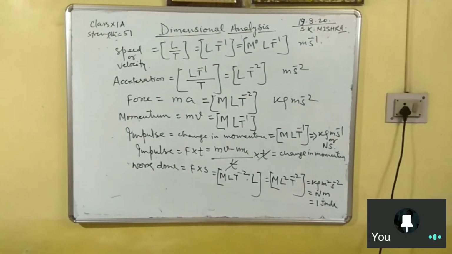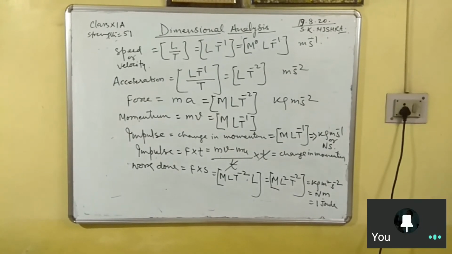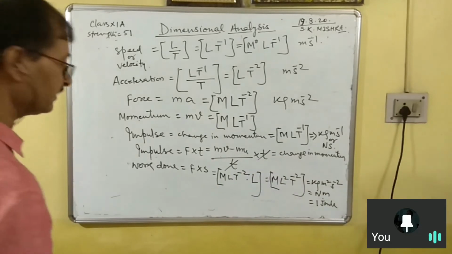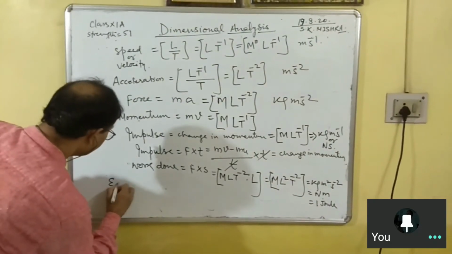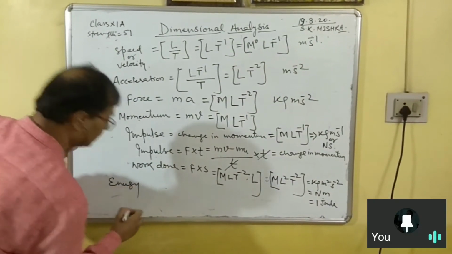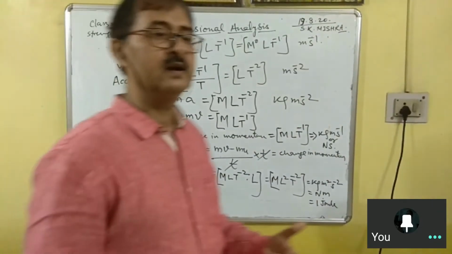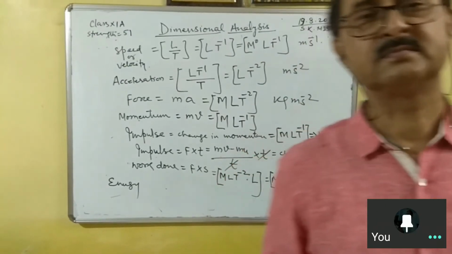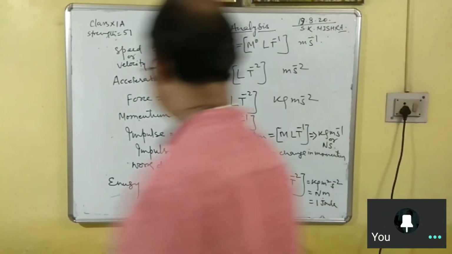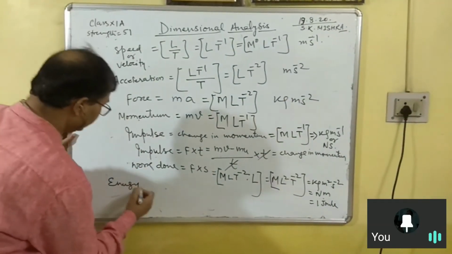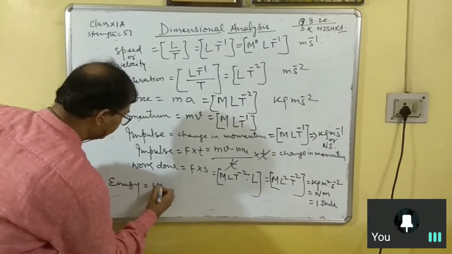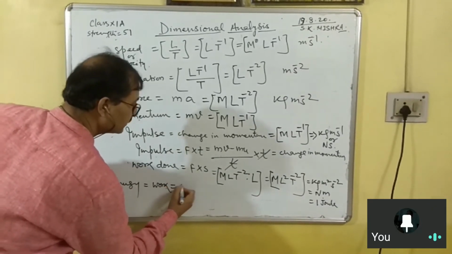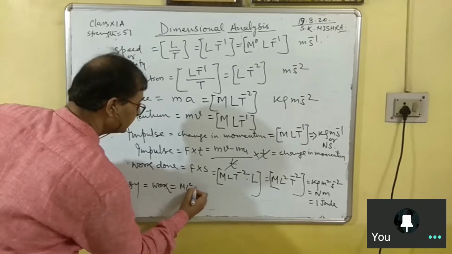Now energy, any form of energy. Energy is work done. Whether it is kinetic energy, potential energy, heat energy, or electrostatic energy, all energy has the same dimension, and joule is the unit. So energy is work done, and work is M L square T minus 2.